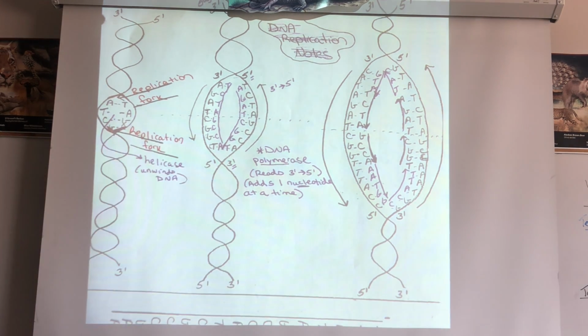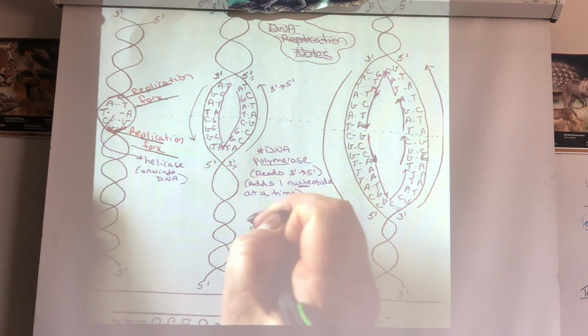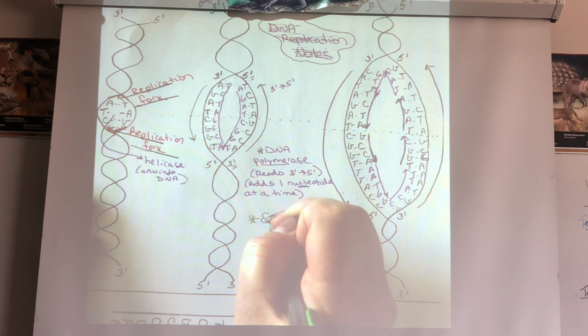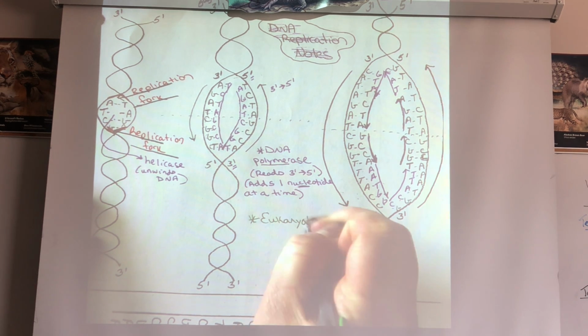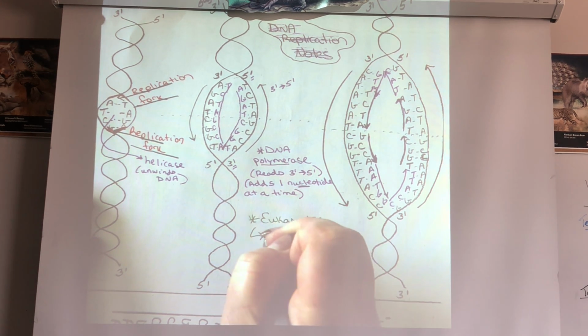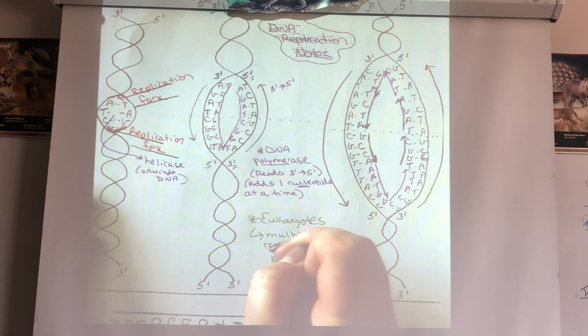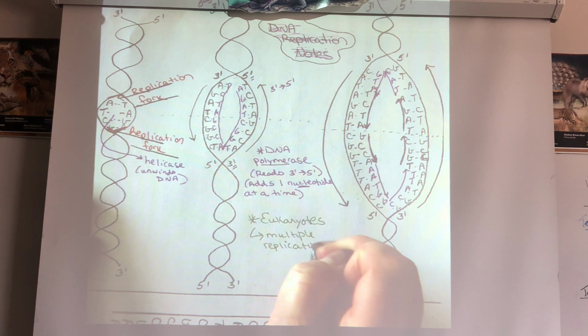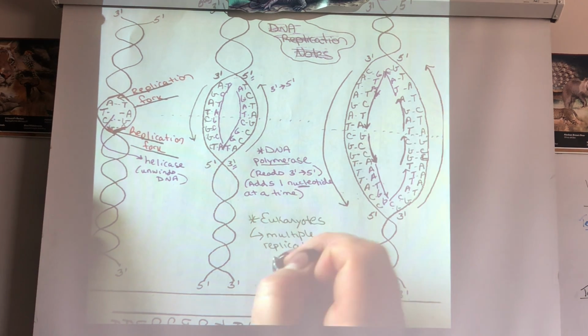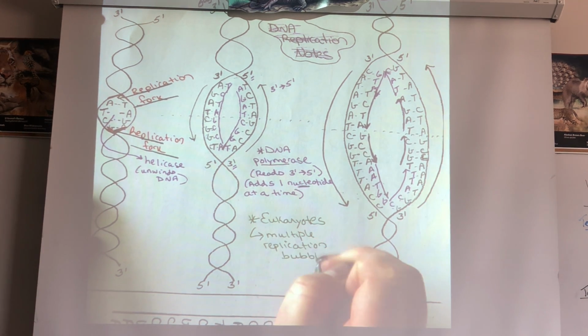All right, so one more thing to add here is that one thing you need to know for the AP exam is that eukaryote cells have multiple replication bubbles. They don't just have one like this, and the reason why is that they just have so much DNA.